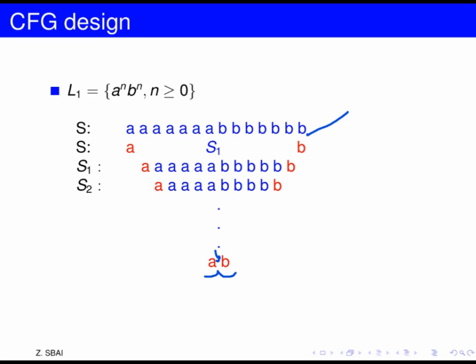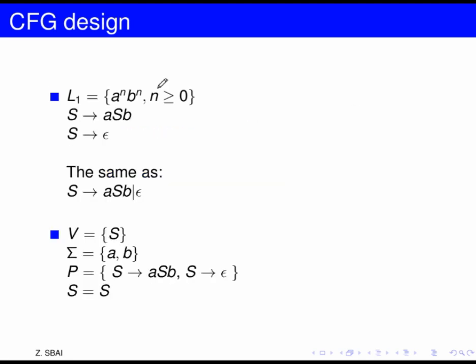Now we have the idea, we have just to write the rules the same way we saw previously, and we can write, for example, that a string is divided into 3 substrings.